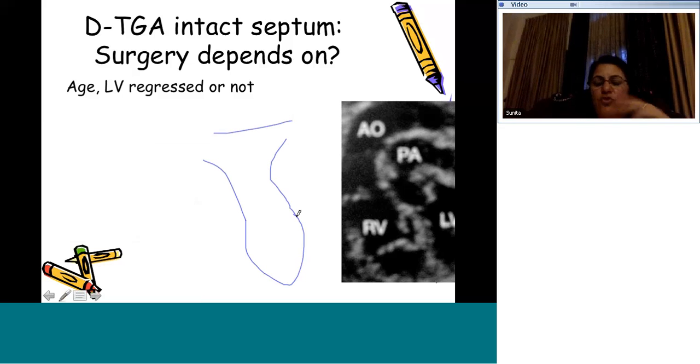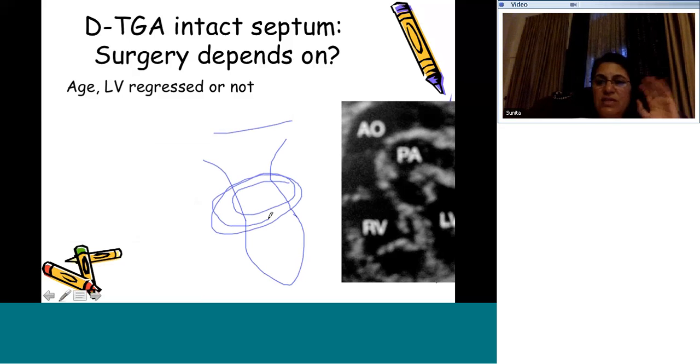So the first stage is you want to prepare the LV, right? Because it's non-regressed. So now, if you just do a PA band, tighten the PA here, right? Yes, the LV pressure will go up, but what will happen to the baby? What will happen to the symptoms?